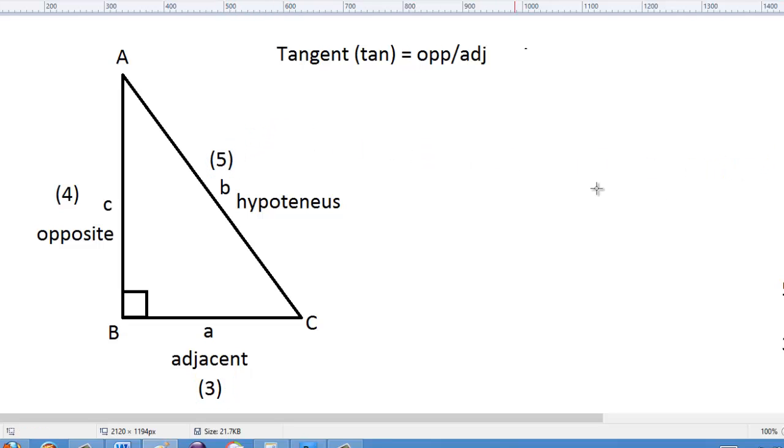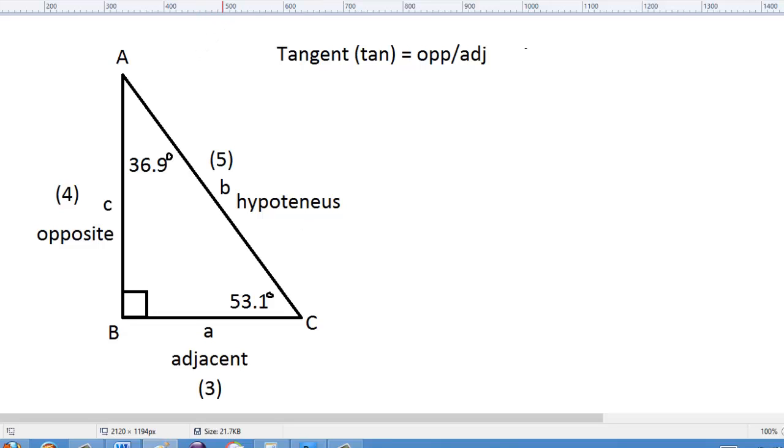Now I've already worked out this triangle, and you'll have to trust me on this for now, but this angle here is 53.1 degrees, and this angle here is 36.9 degrees. It doesn't really matter if we know these or not at first, because I'm just trying to demonstrate the concept.